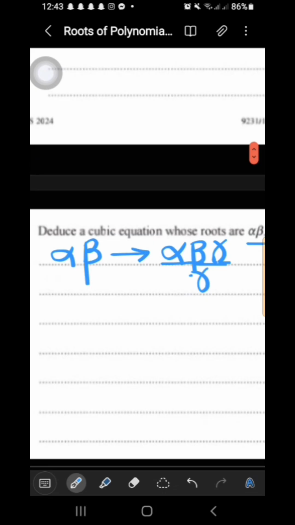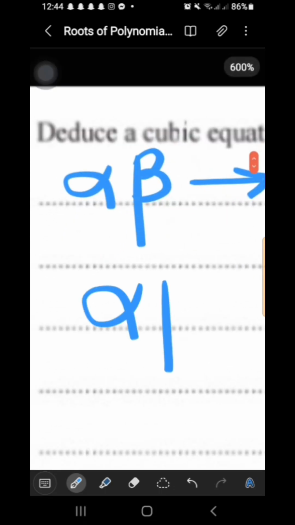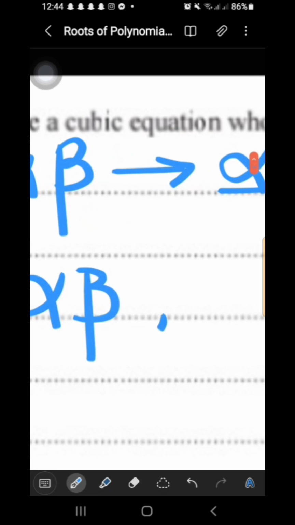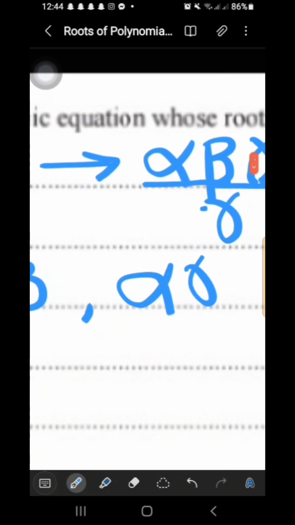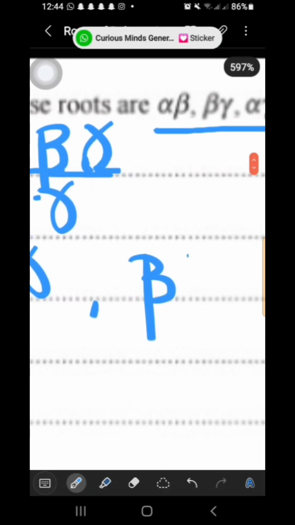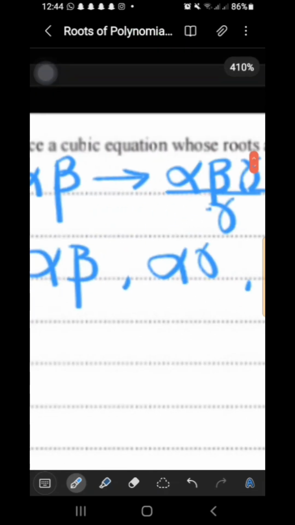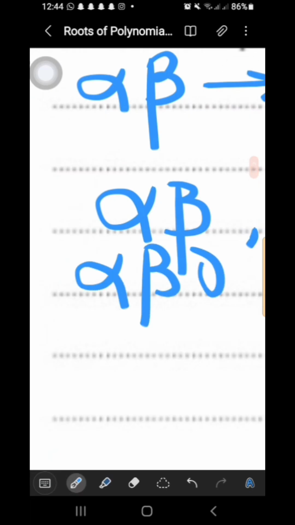So that's a trick here. We can write this complete set, alpha beta, alpha gamma, beta gamma, as alpha beta gamma divided by gamma.